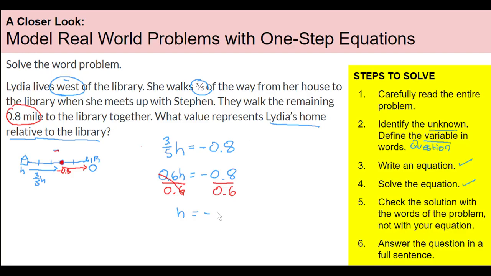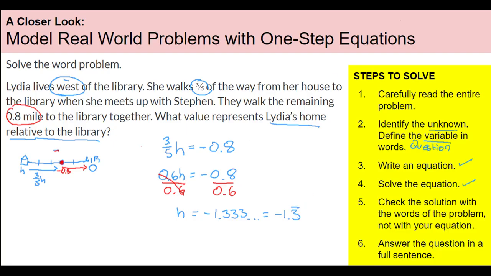If we did this as a decimal, I'm going to get 1.333 and it keeps repeating. So that's a repeating decimal, or I write it like this, negative 1.3 with that little hat on top.